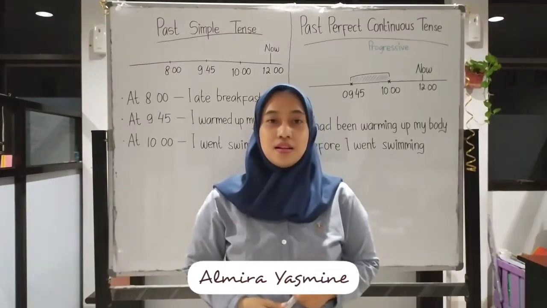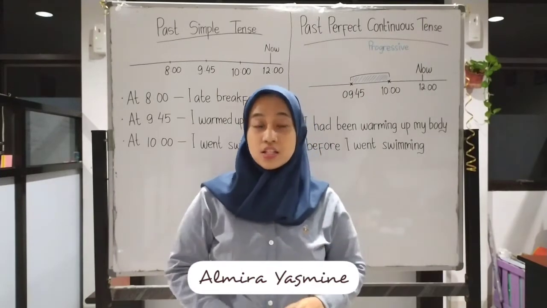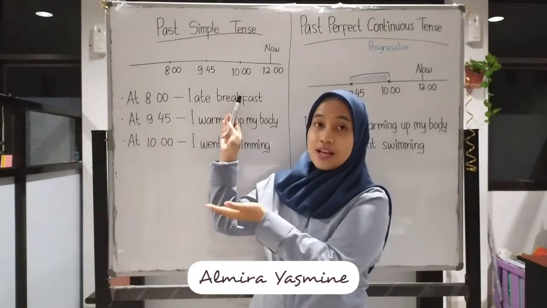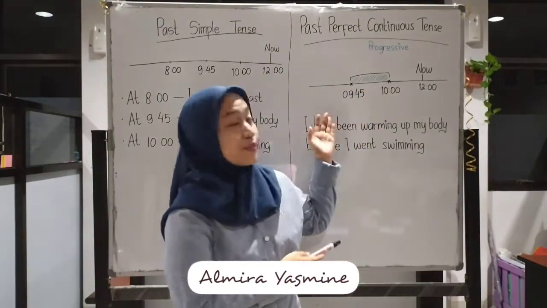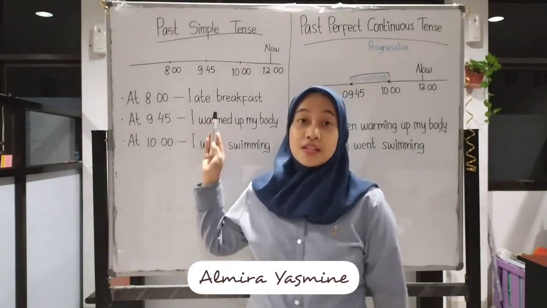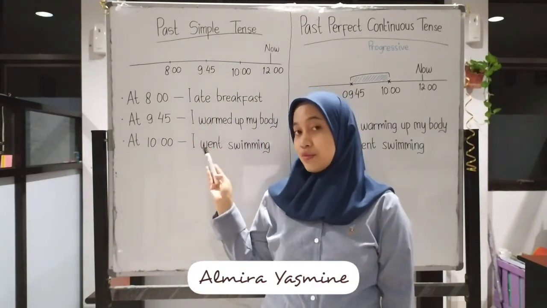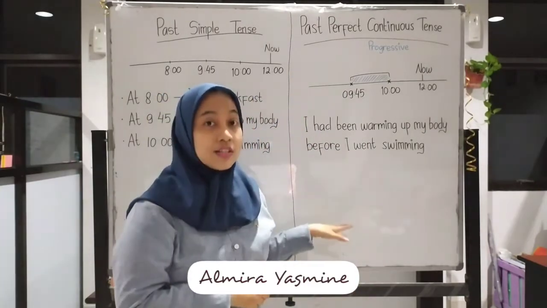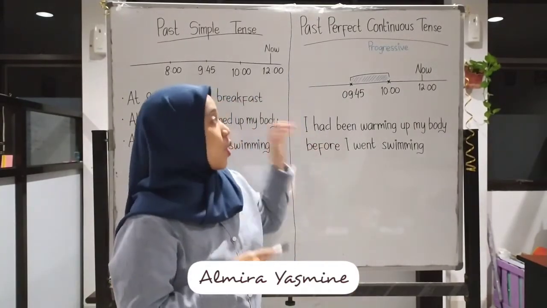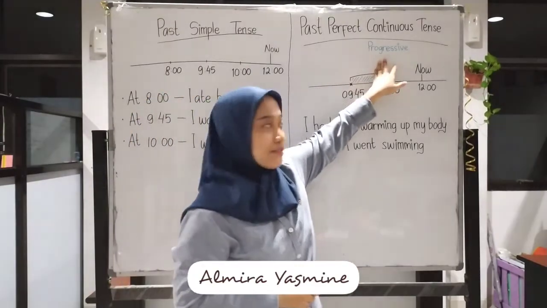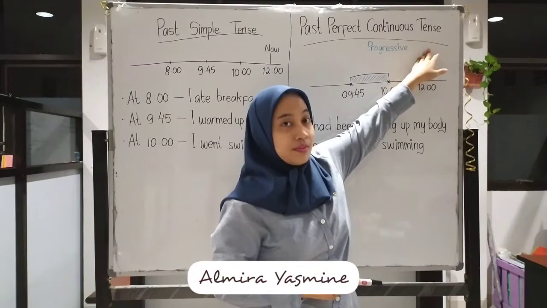Let's move on to the second discussion, about the past simple tense and the past perfect continuous tense. Because the past simple tense has been explained before, now let's focus on the past perfect continuous tense, or we can say the past perfect progressive tense.